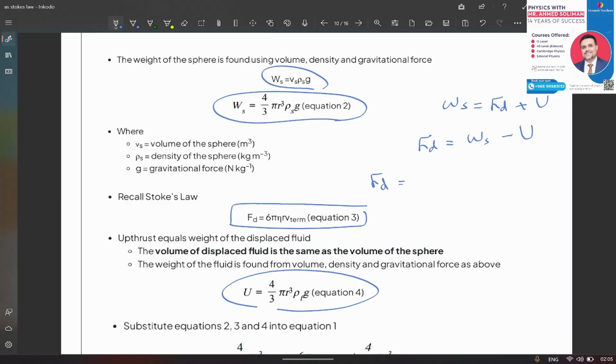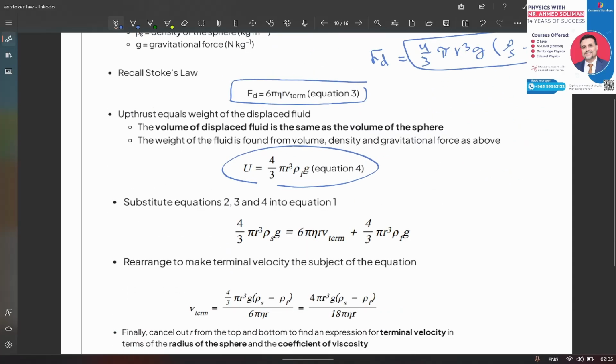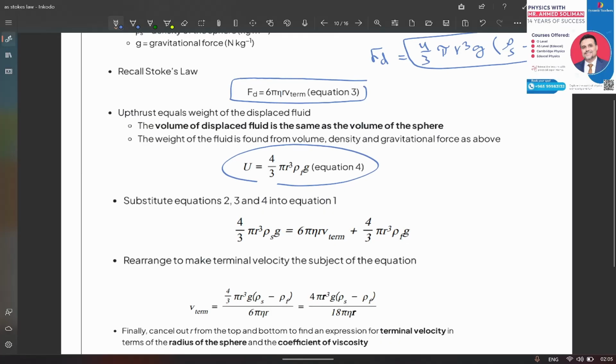So now you can write Fd equals 4 over 3 pi r cubed g, which is a common factor, times rho sphere minus rho liquid. You can write it in this form. Okay, you can find the drag force in both equations.